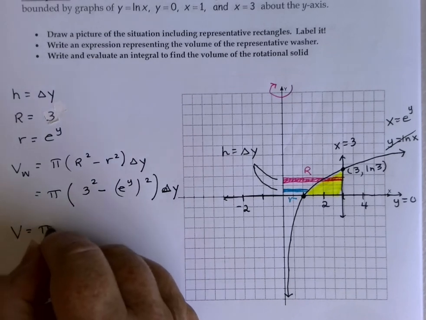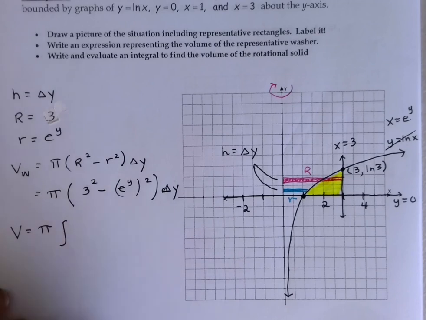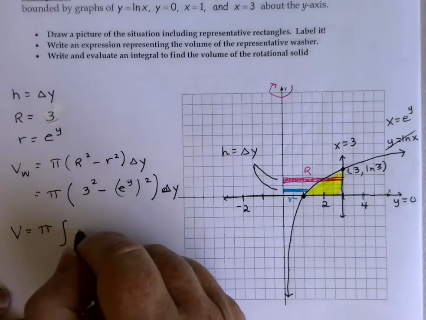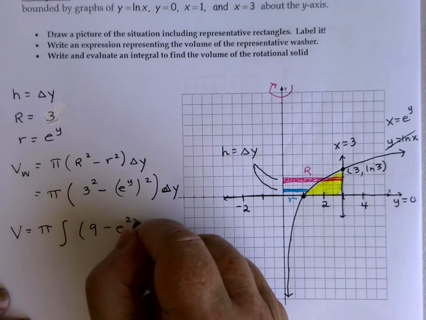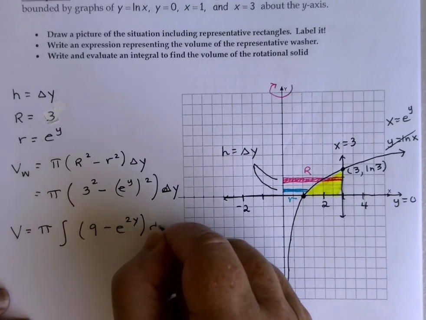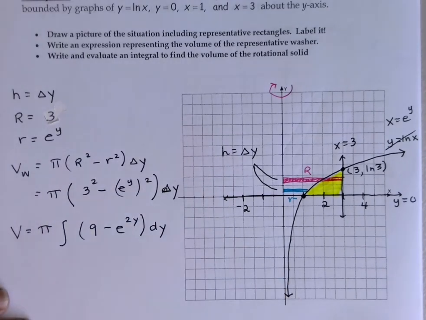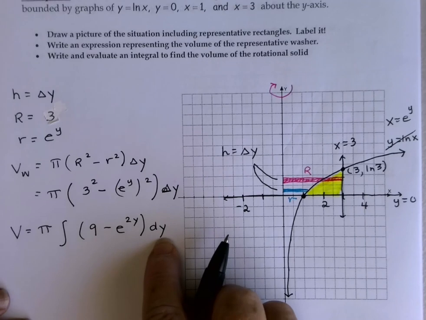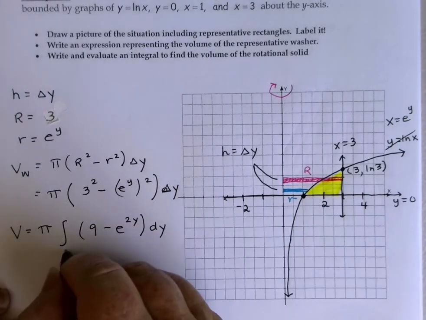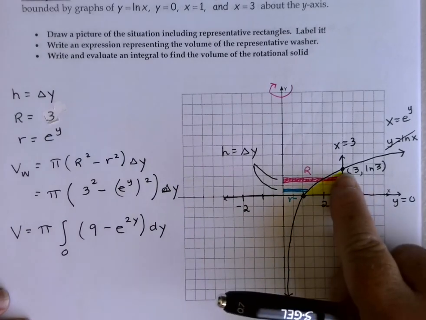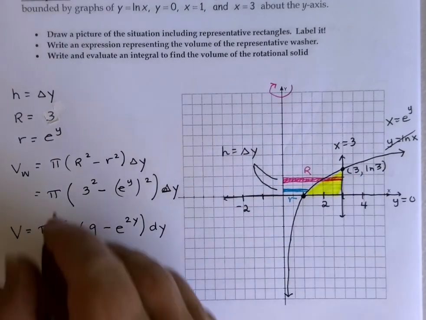And then when I integrate to get the volume of the entire solid of revolution, I'm integrating 9 minus e to the 2y dy. And these are y integrals, so I need y values for my limits. The y value here would be 0, and the y value up here at the intersection point is ln 3.